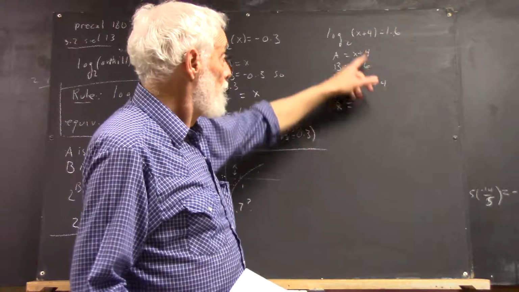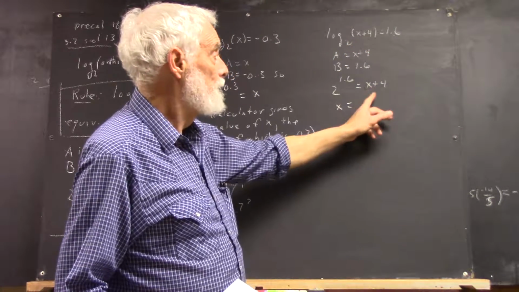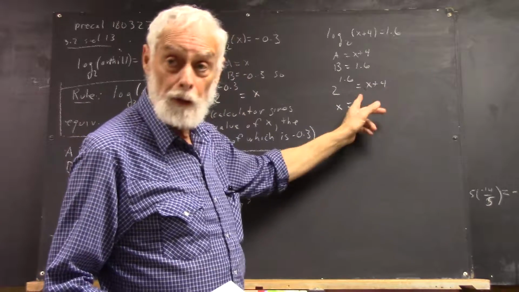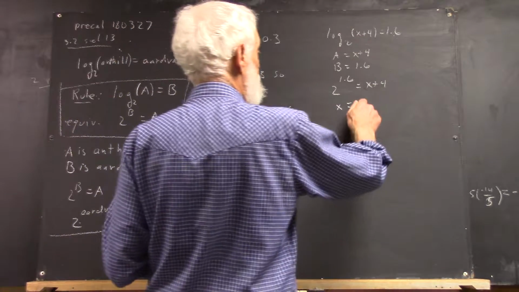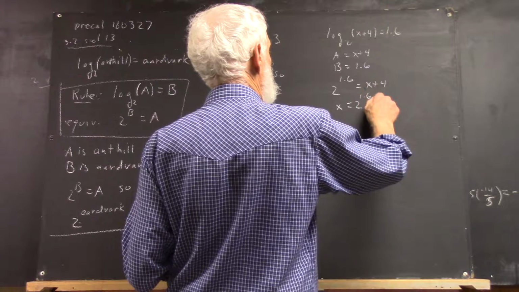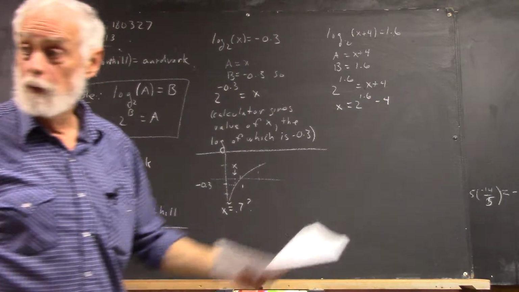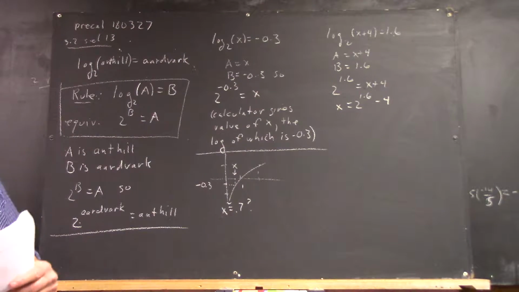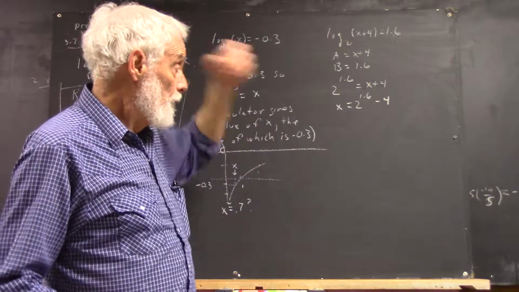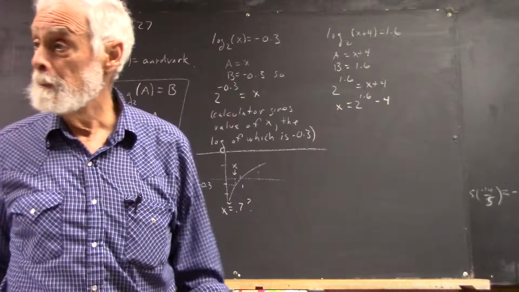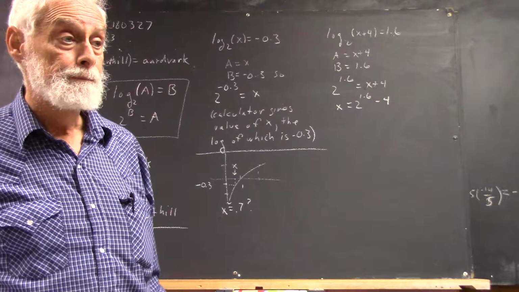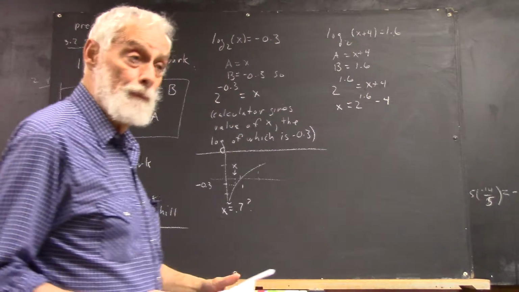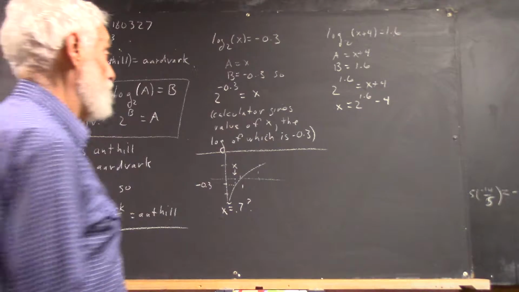But when we do, the thing we're taking the log of is not just x, it's x plus 4. So this gives us an equation for x, and the solution is clearly that x equals 2 raised to the 1.6 minus 4. We subtract 4 from both sides. And 2 to the 1.6 is pretty close to 3. So we're going to get about negative 1 maybe for x. But you got that with your calculator.